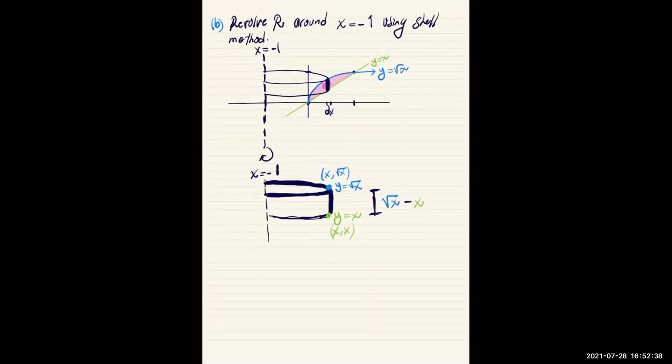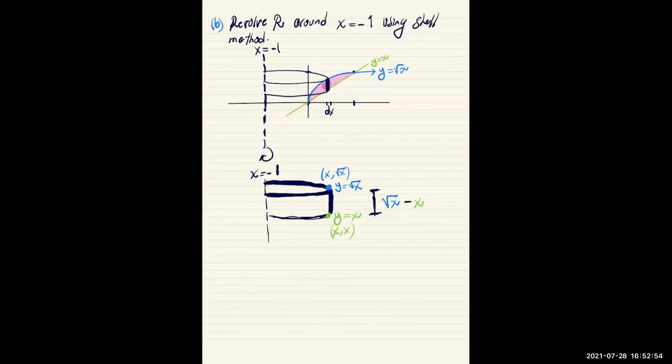If this distance is x, and this distance is 1, everyone listen, please. Then the whole radius is just x plus 1. One more time, from here to here is x, from here to here is 1. Therefore, the radius is x plus 1.